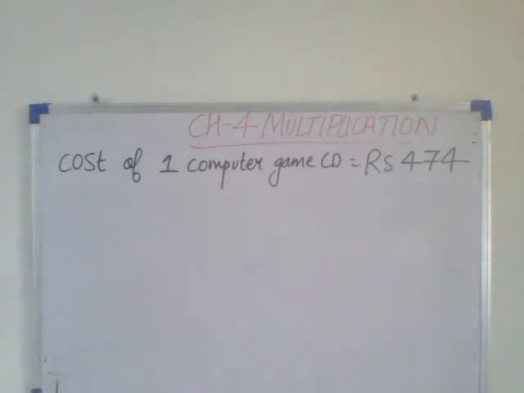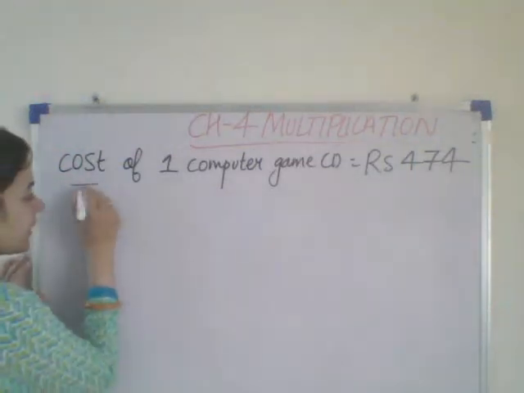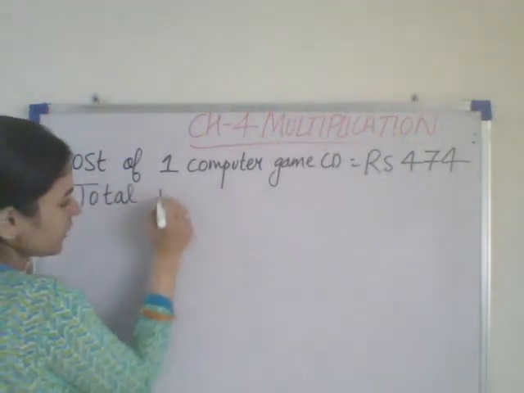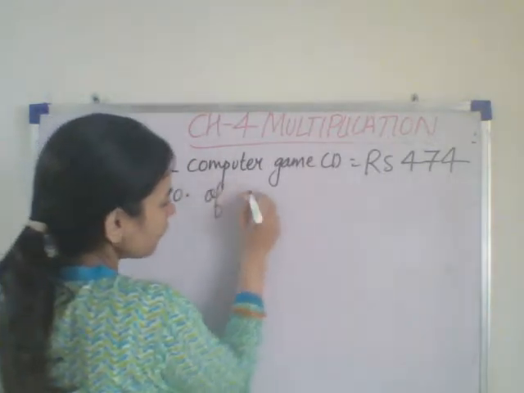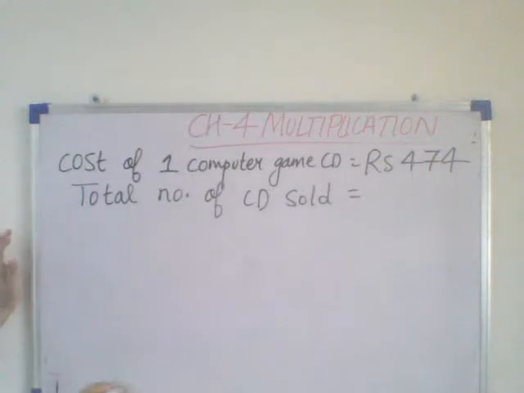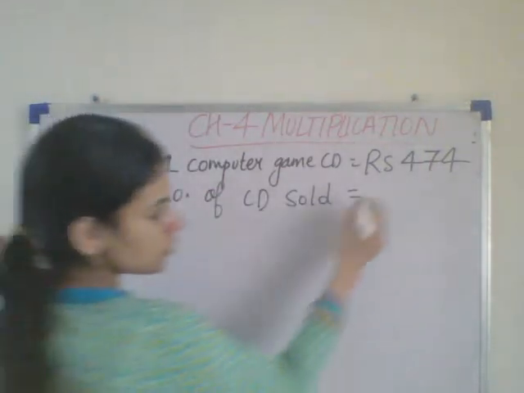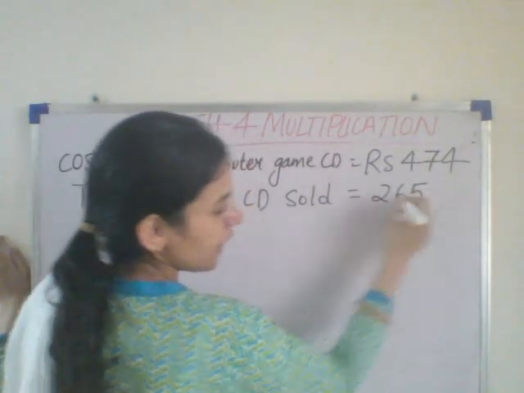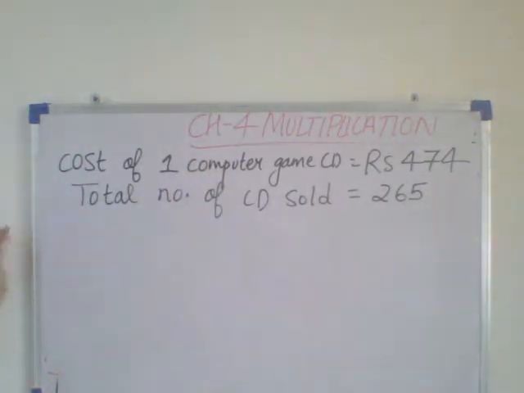A CD store sold 265 CDs in a month. So the total number of CDs sold is 265 in a month.